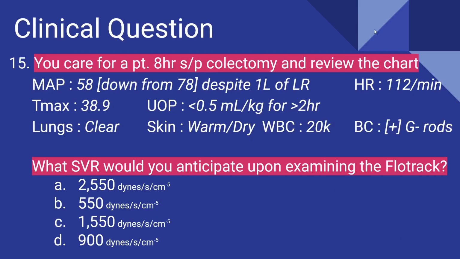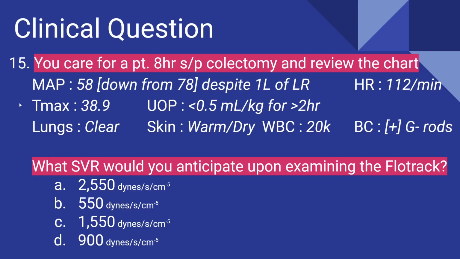Okay, so now we're getting a question that is asking us to predict, based off a certain hemodynamic profile, which we have to determine, what systemic vascular resistance would be. So we see a patient's come in 8 hours status post-colectomy, and they have a low mean arterial pressure despite 1 liter of fluid.